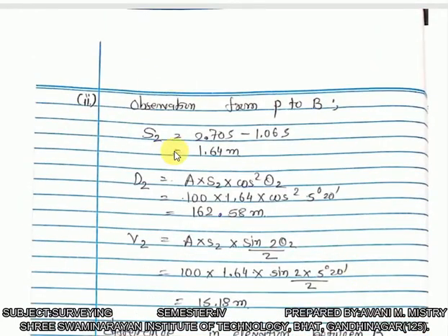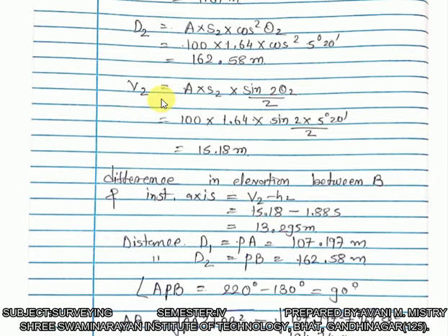For the second observation, again we find the value of S2, then put this value of S2 and theta 2 in the equations of V2 and D2, and we get the values of D2 and V2. Value of D2 is equal to 162.58, value of V2 is equal to 15.18, and the difference in elevation between B and the instrument axis is V2 minus H2.